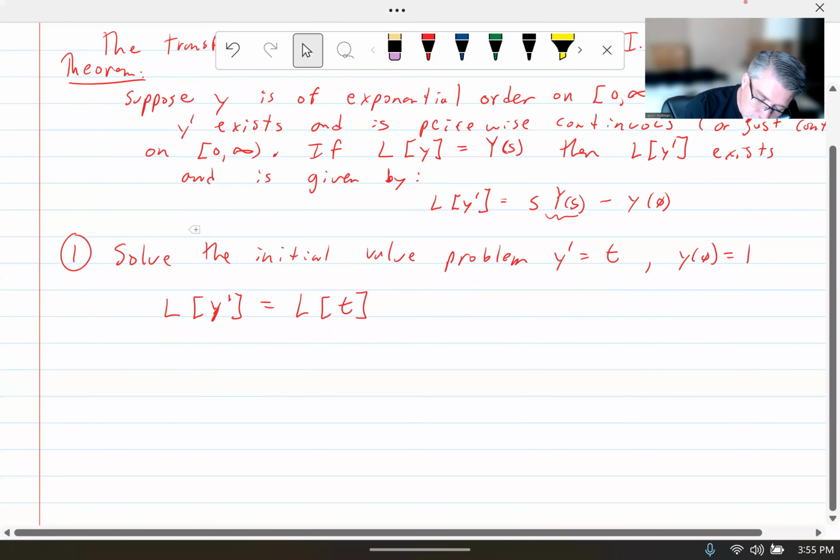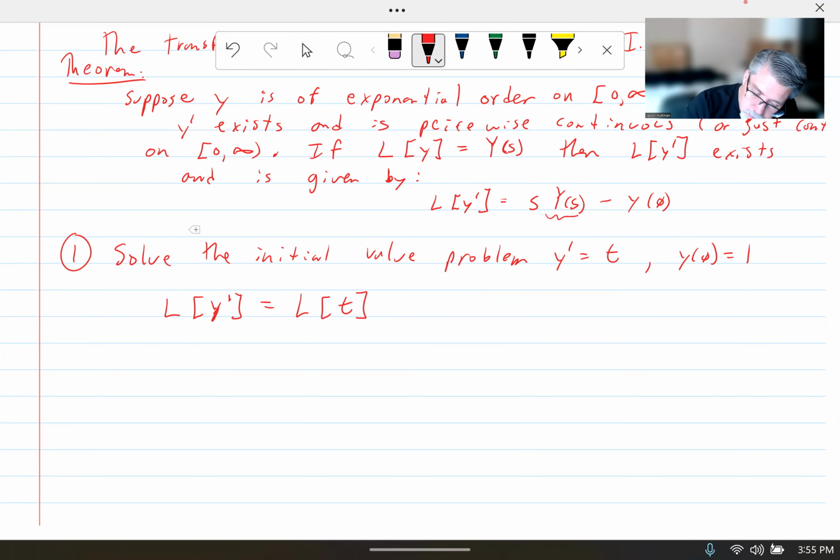So the Laplace transform of y prime is going to be s Y of s minus y evaluated at 0, or y naught, which is equal to L of t. If we check our table of Laplace transforms, the Laplace transform of t is just 1 over s squared.